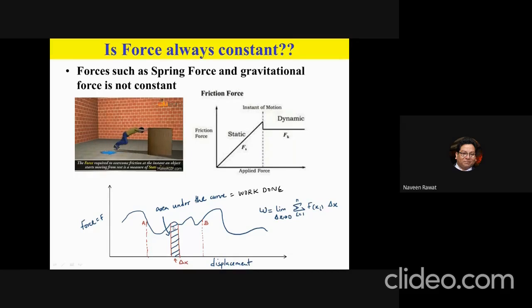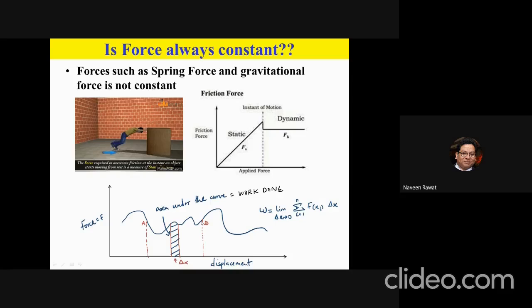What you have to do is look at the area under the curve, and that entire area under the curve is your work done. Instead of looking at the instantaneous value of the work, which is the limit of delta x tending to 0, where you look at just a point where the force is acting, or just a small blip in the time scale, you are looking at the entire process of moving from A to B.